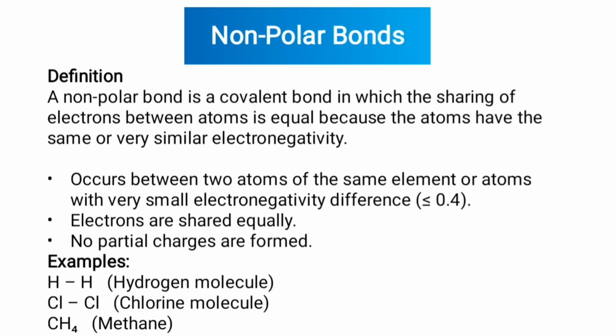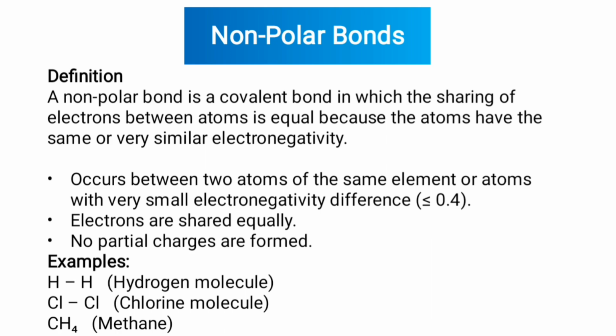Now, non-polar bonds. My dear student, a non-polar bond is a covalent bond in which the sharing of electrons between atoms is equal because the atoms have the same or very similar electronegativity.